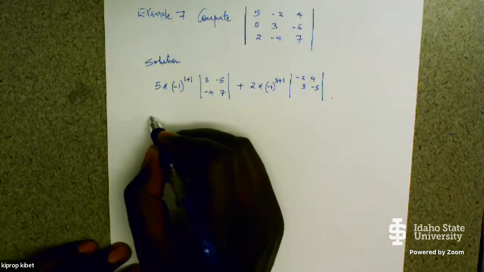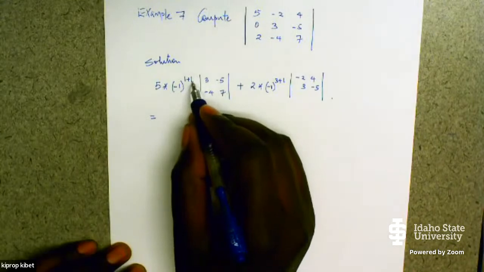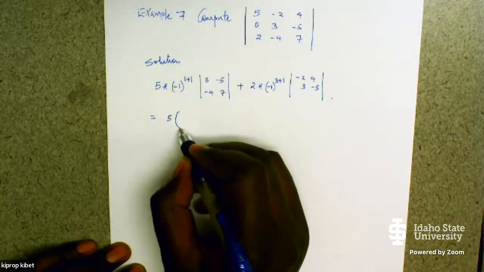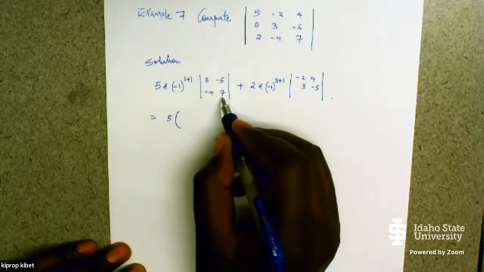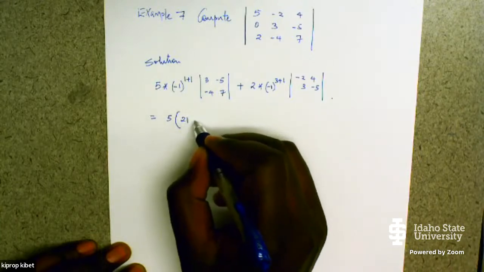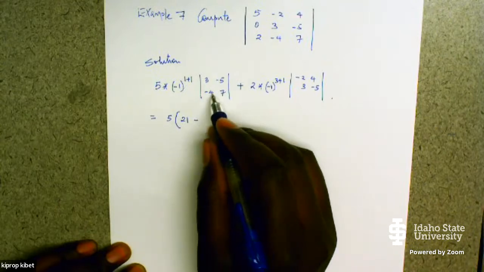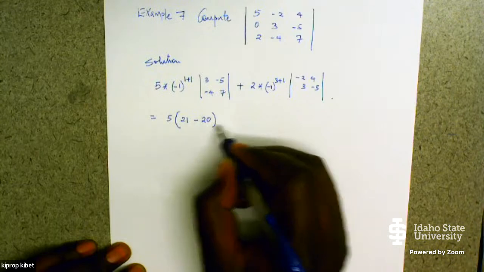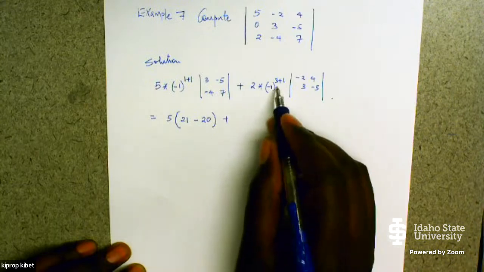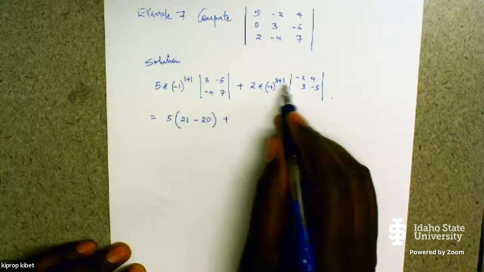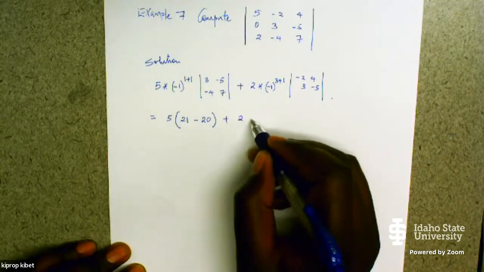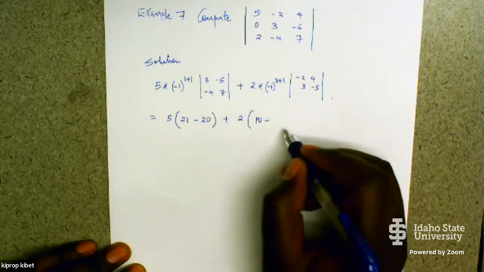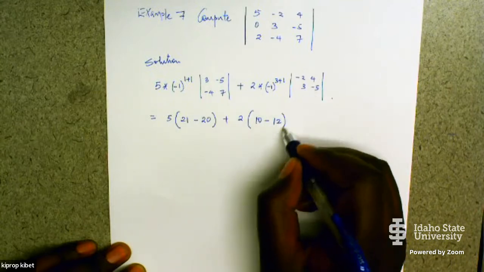Then finally, since 1 plus 1 is 2, this is 5, and then brackets, 3 multiplied by 7 is 21, minus 4 multiplied by -5 is 20. And then plus, this is 3, 4, this is 2, and then 10 minus 12 here.